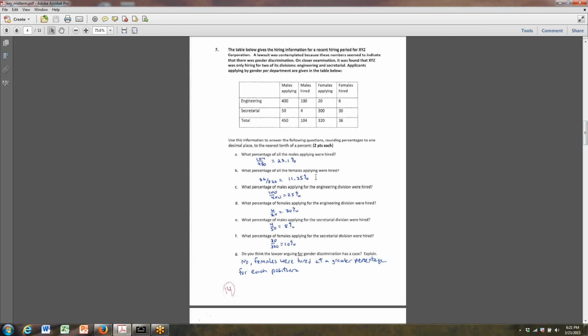So the males were hired at twice the percentage as females. But when you look at the individual categories, engineering, there was a higher percentage of females hired. Secretarial, there was a higher percentage of females hired. All right, so even though overall it looked like there was maybe a case for discrimination, it's not when you get down into the nitty-gritty and you start looking at the details of it. Definitely not a case there.